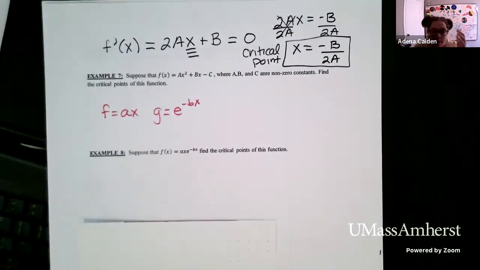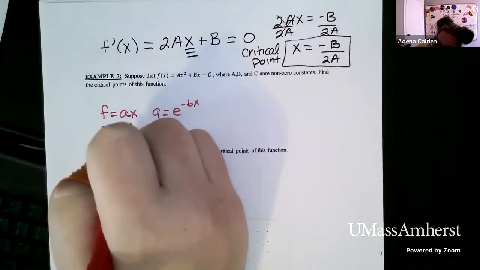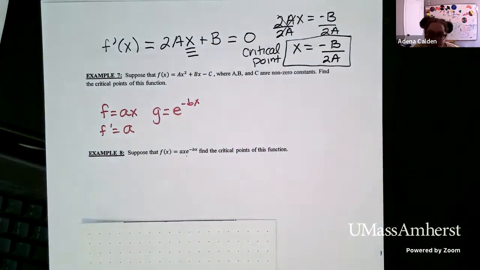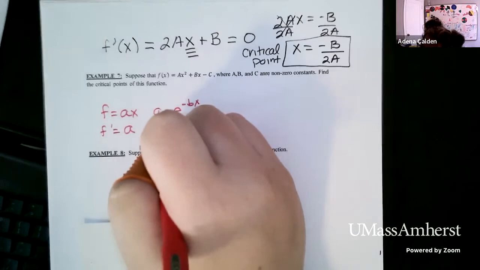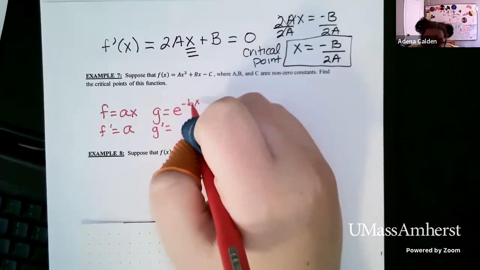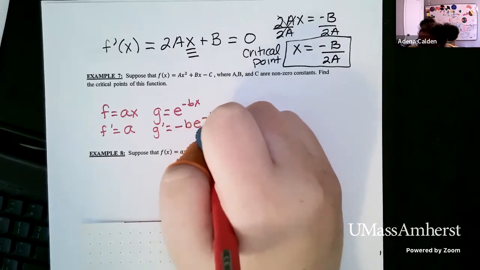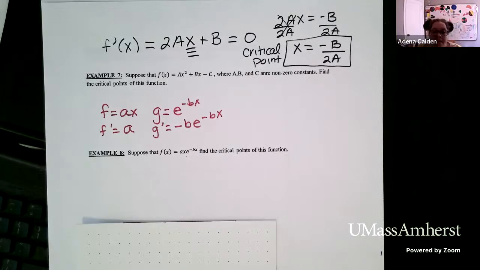So when I take the derivative of each of these pieces, the derivative of ax, a is a constant, so the derivative is just a. And when I take the derivative of e to the negative bx, the negative b is a constant, so that comes out to multiply e to the negative bx. So remember, when there's a constant in the power, that constant comes out.